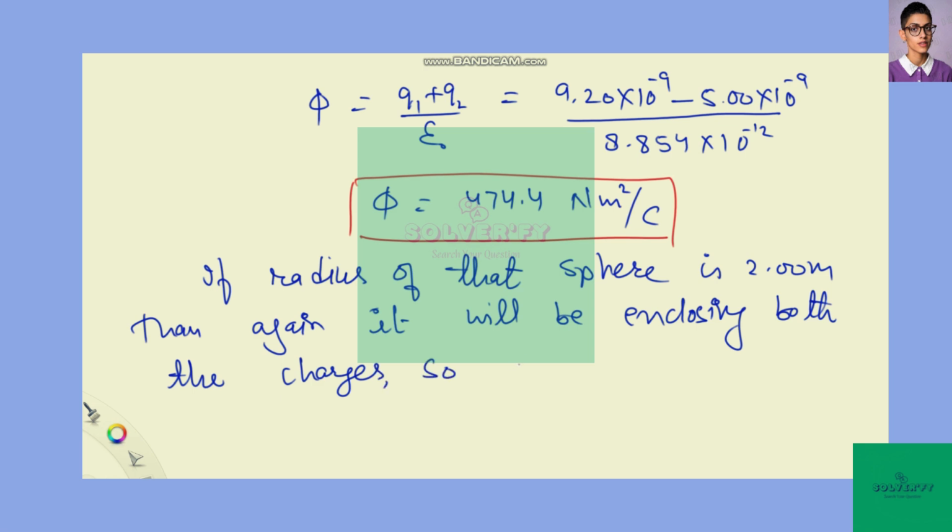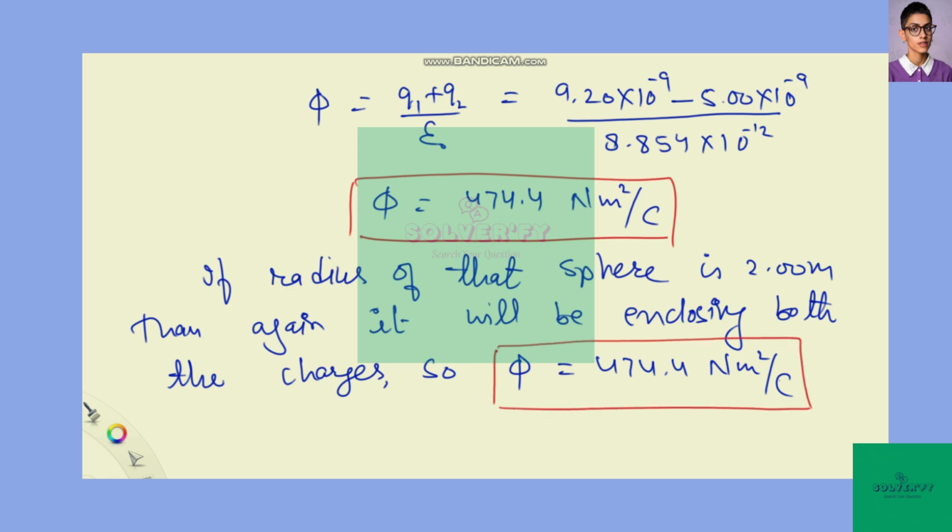So the flux linked through it will remain the same, 474.4 Newton meter square per coulomb, which is the second answer for this given problem. Thank you.